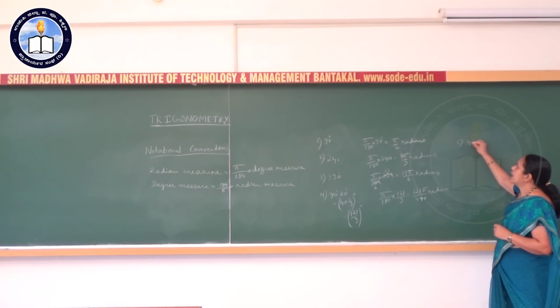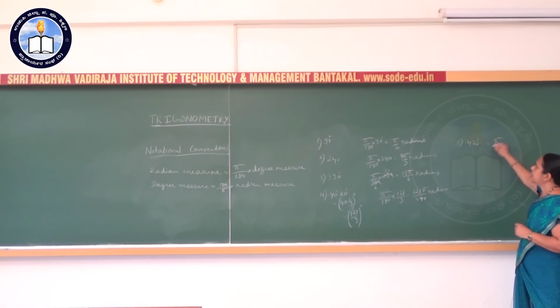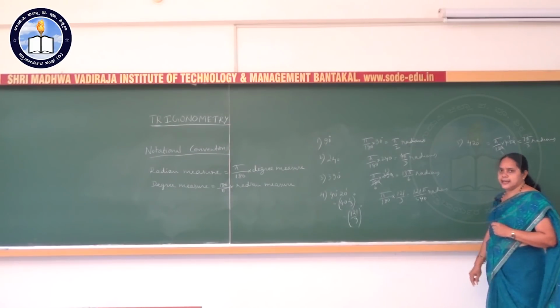What is 420 degrees in radians? Pi by 180 into 420 is equal to 7 pi by 3 radians. 420 degrees is equal to 7 pi by 3 radians.